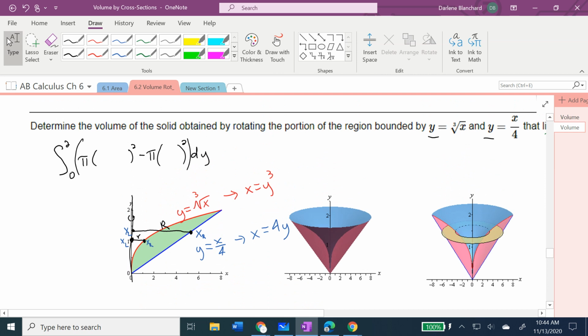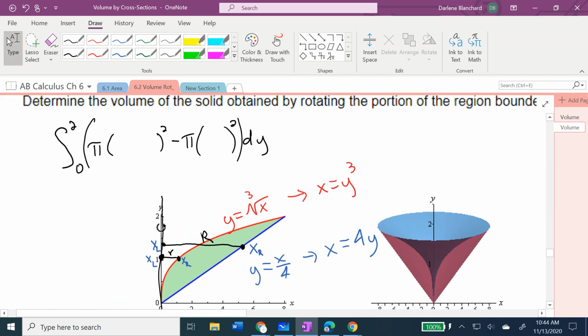Then, time to fill in the radii. So for the outer radius, the capital R, the right x is 4y, minus the left x is 0.